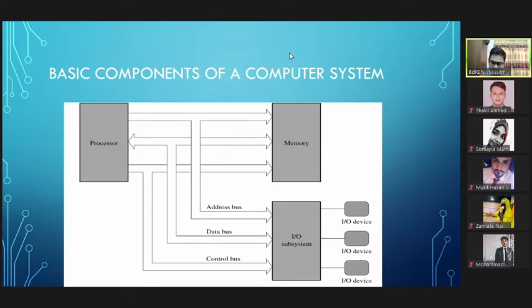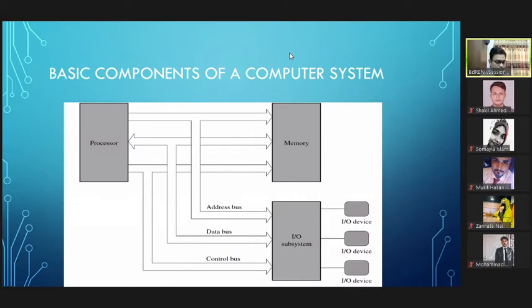Write to the memory is a control signal. Get input, send output. These are the kinds of control bus signals. There are specific names we will show you. Those control signals are used only in the control bus, whereas combined, all of them are the system bus.